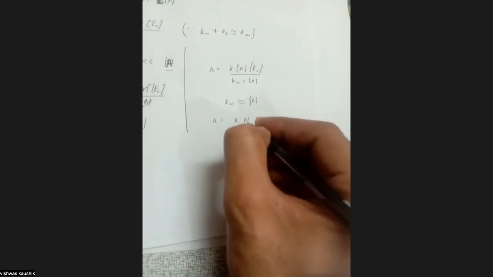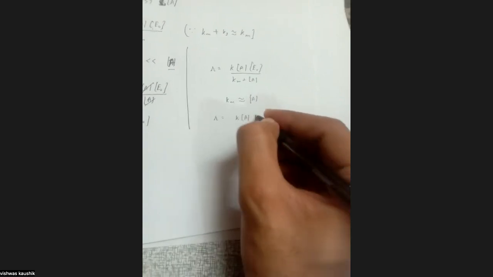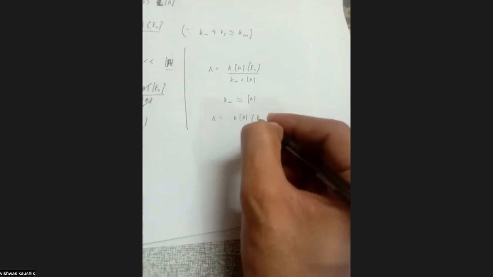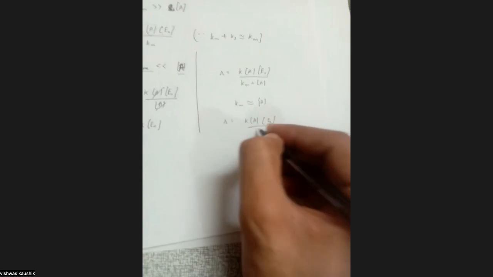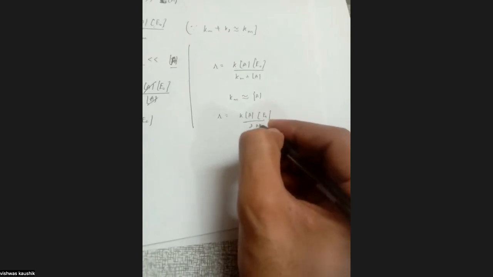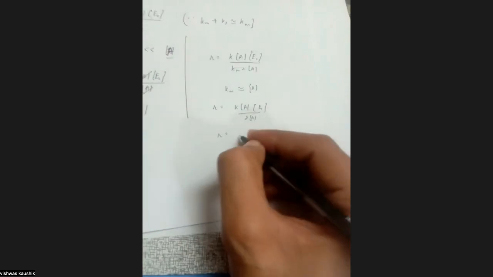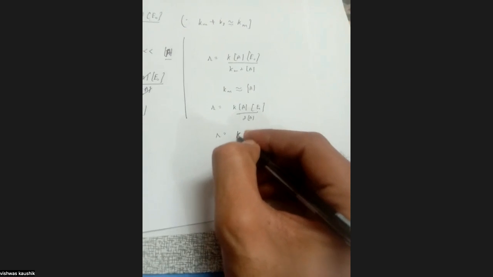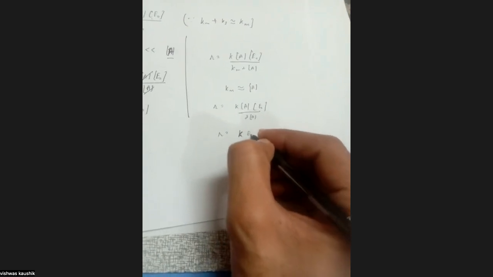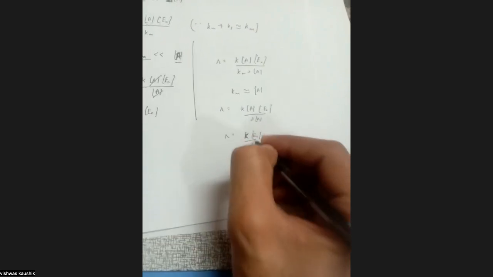So rate will be equal to K into E naught upon 2. That is, it will be first order with respect to E naught, and its value will be equal to half of the value when the concentration of substrate is much higher than the value of Km.